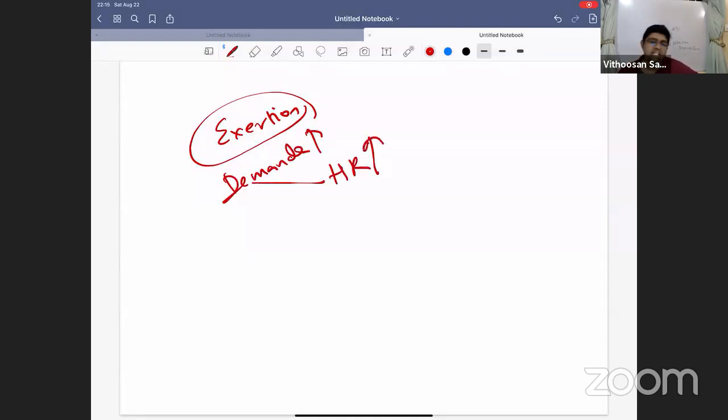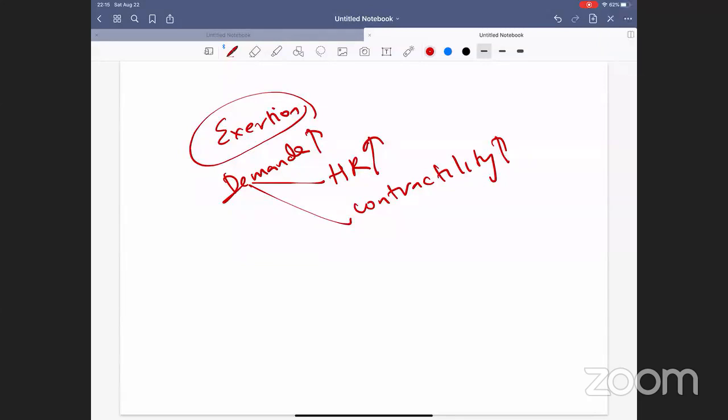The heart rate increases. Second, the contractility of the heart increases.